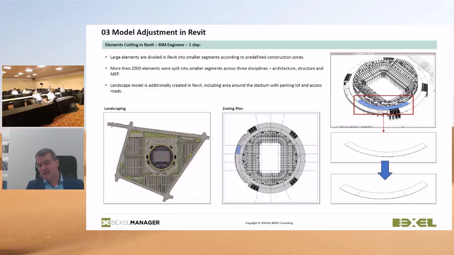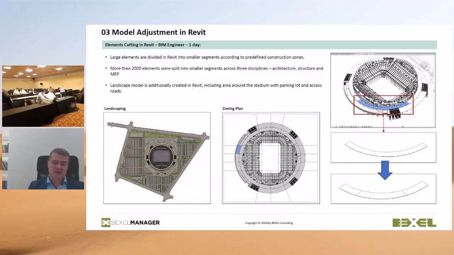If you do not have files from original authoring tools, or you don't even have IFC files but some other 3D geometry files, then it's definitely much easier and more streamlined to do all this element cutting in Bexel Manager directly.